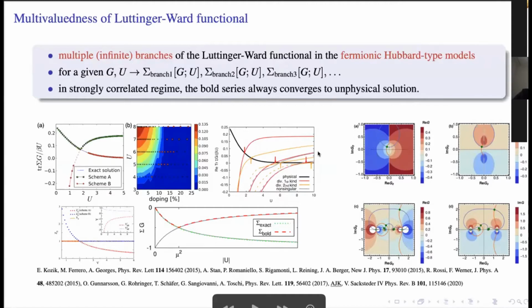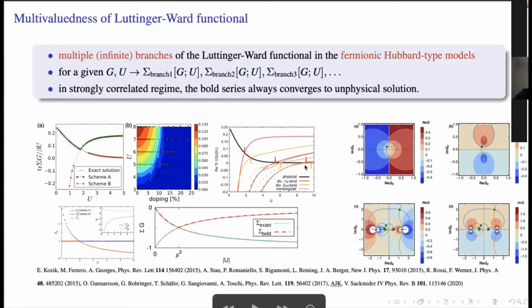This multivaluedness problem was first reported in 2015 in a paper by Evgeny Kozik and co-workers. There is a first unphysical branch of the Luttinger-Ward functional, shown as a green line in the strong coupling regime. After that, simple models which can be analytically solved have been introduced to qualitatively understand the situation.